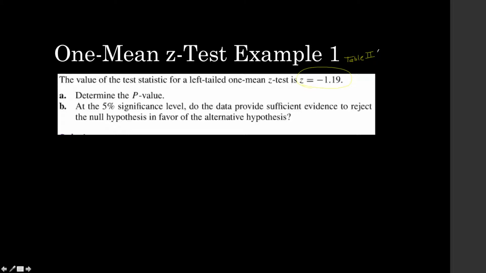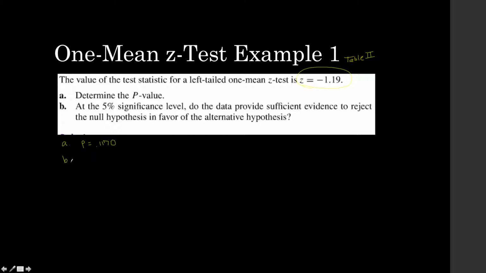And so if you go to the back of the book, you will find that for negative 1.19, the area is 0.1170. So the p-value is 0.1170.